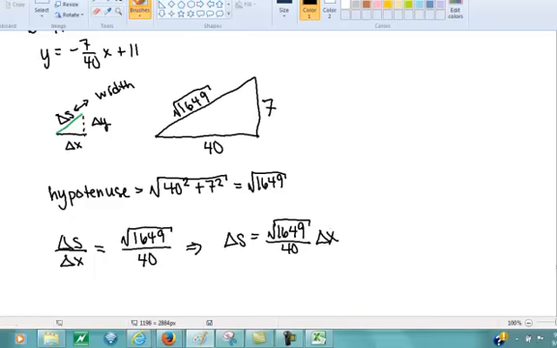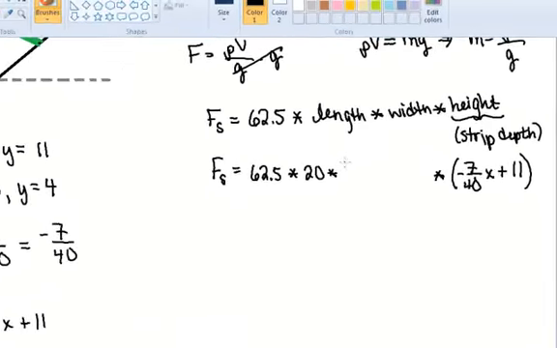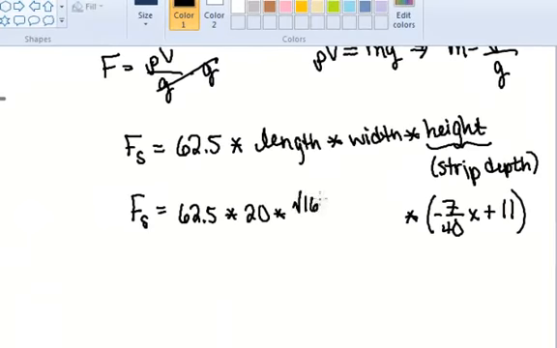And so now we have everything we need in our force equation. Okay, and so we're ready to set up the integral to find the total force. So I'll bring all three of these constants out in front, and we can actually cancel the 20 into the 42 times.